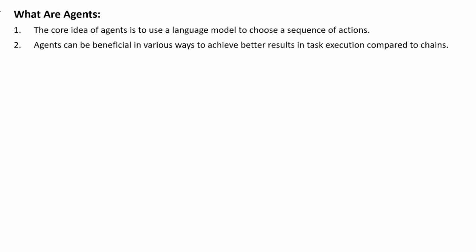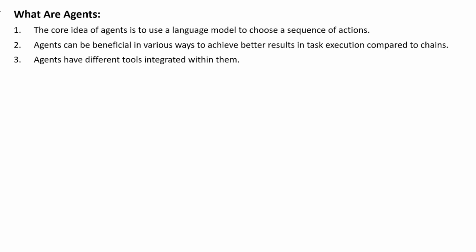So if you think about it, how are these agents able to achieve these benefits? All these agents are already integrated with different tools. If I take an example, a predefined agent, the create SQL agent provided by Langchain, is already integrated with four different tools.